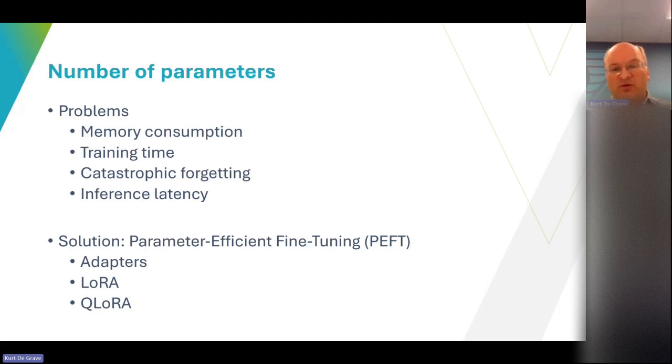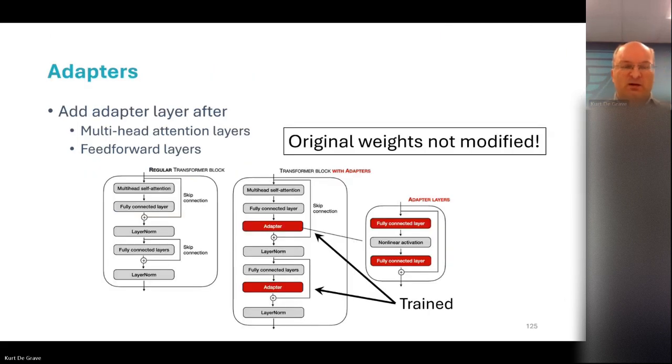And so the solution for this is parameter efficient fine-tuning. And that uses adapters, LoRA and or QLoRA. What is that? Well, an adapter is a shallow multilayer perceptron that is inserted into the layers of the model at specific places. And these convert what the layers above see from the input.